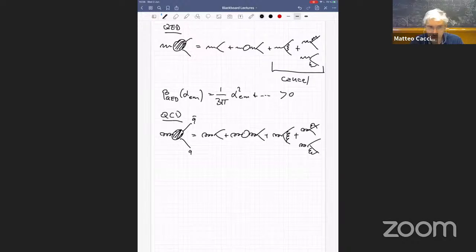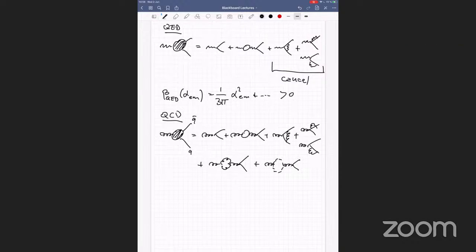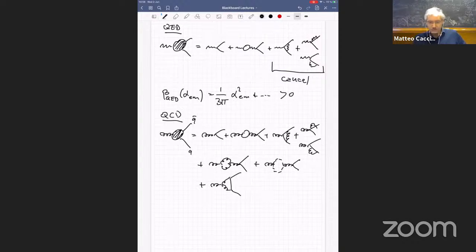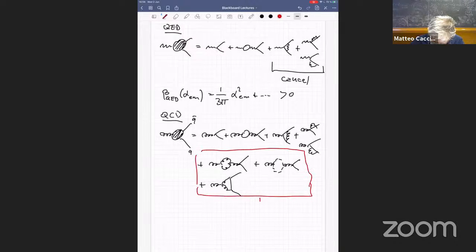Of course, we know it's not the case, because then you have this kind of diagrams too. These are the non-abelian diagrams.